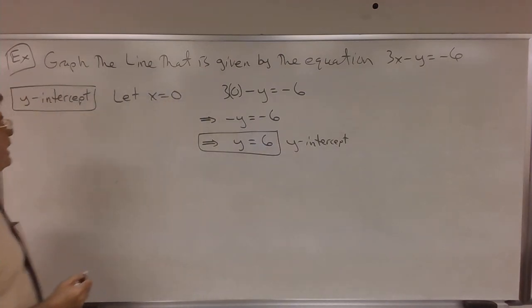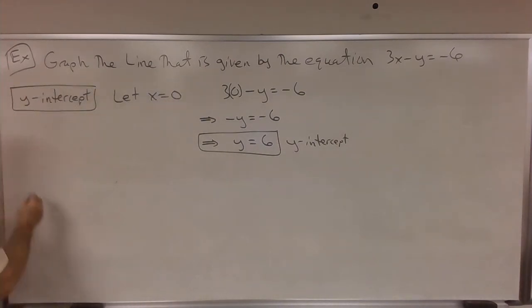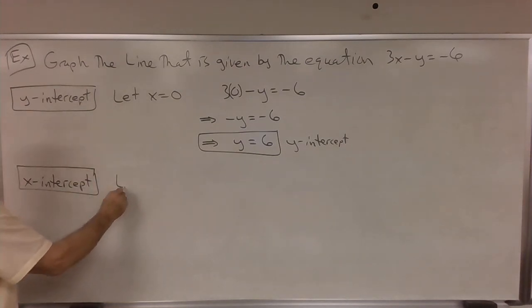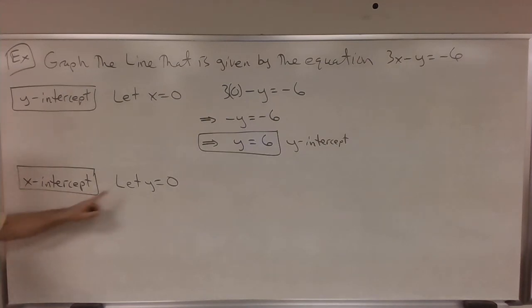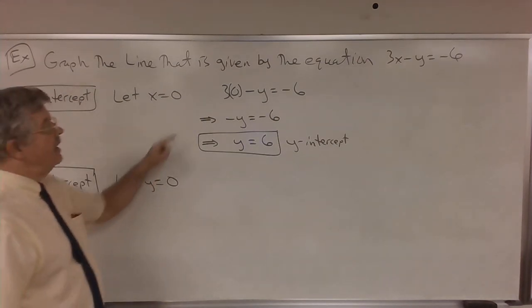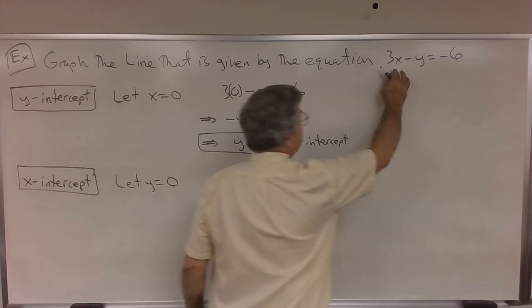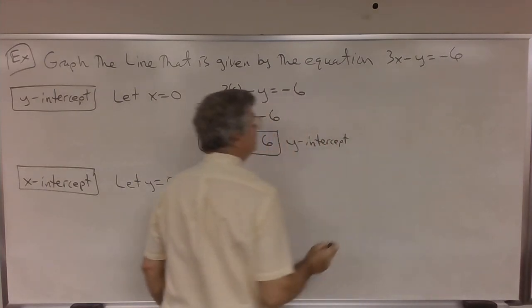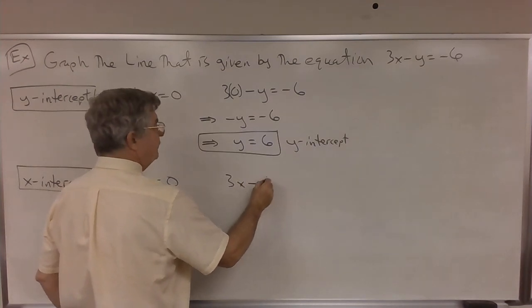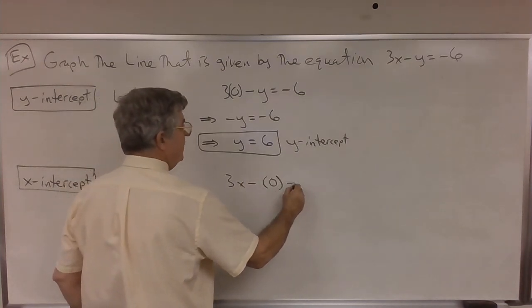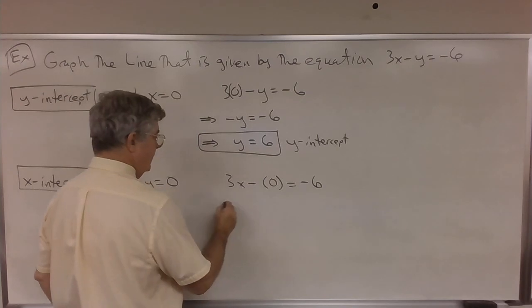Okay. Now I have to do the same thing for the x-intercept. And I let y equal 0. For the x-intercept, I let y equal 0. In our equation, 3x minus y equals negative 6 becomes 3x minus 0 equals negative 6.